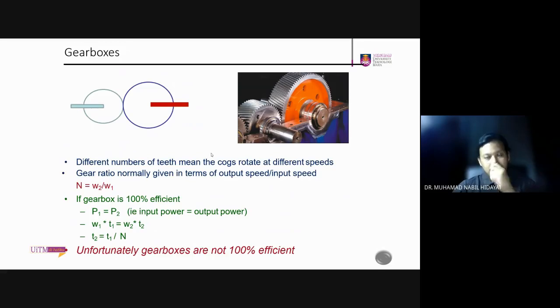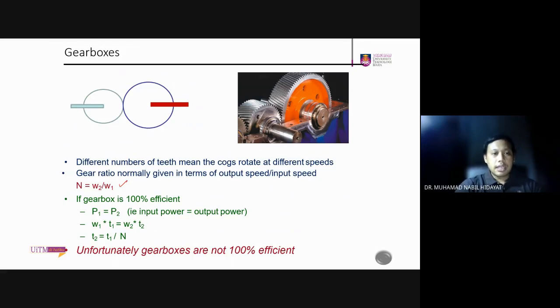To deliver the power to the mechanical load, sometimes you will employ a gearbox. The concept of a gearbox is that you have different numbers of teeth, which means the cog rotates at a different speed, so it's a ratio. Gear ratio is normally given in terms of output speed over input speed, so n equals omega 2 over omega 1.